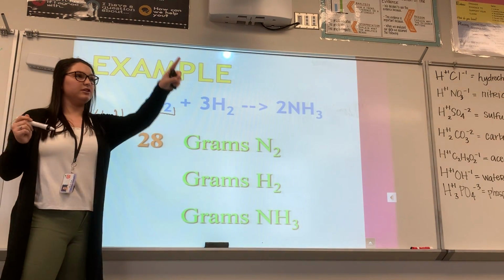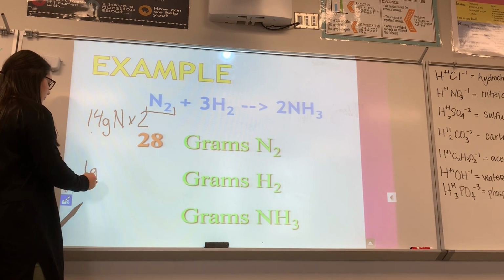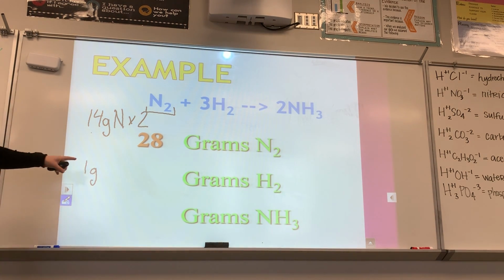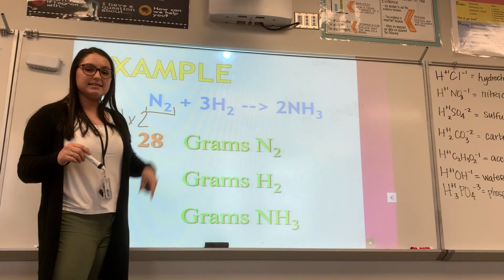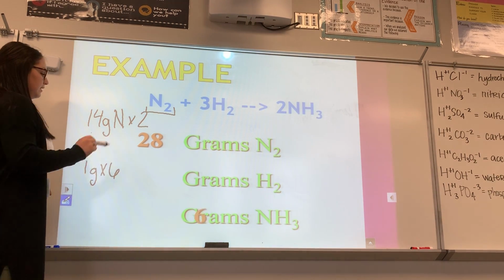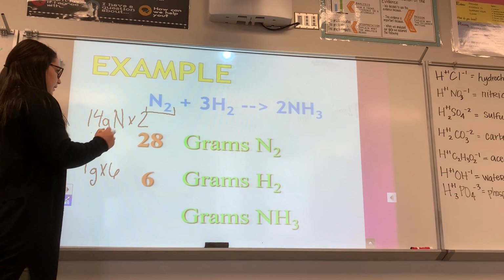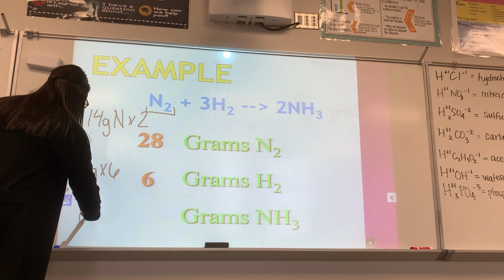For hydrogen, if we look at the periodic table, hydrogen is 1 gram per mole. I have 6 hydrogens, so I need to multiply that by 6, which means I have 6 grams of hydrogen. For ammonia, nitrogen is 14.